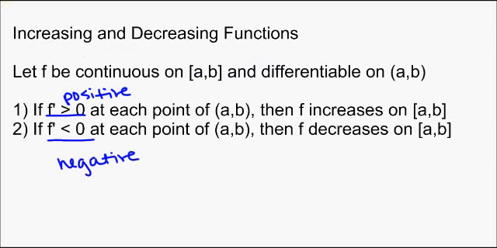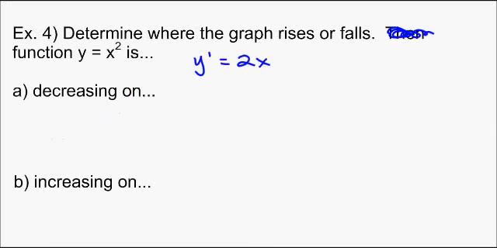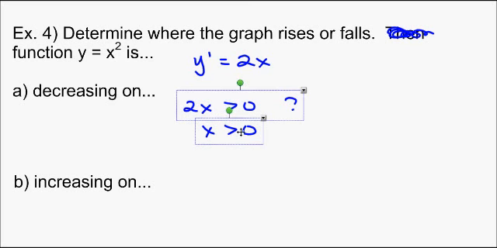We also know that the graph is going to rise or increase when my derivative is greater than 0. So when is 2x greater than 0? Well, if I divide by 2, when x is greater than 0. Oh, I just did increasing.